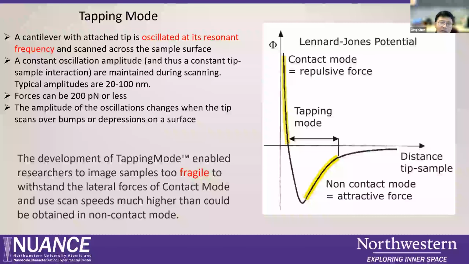Tapping mode is basically between touching and keeping a distance, changing like this. That is where the tapping mode sits. Tapping mode is very good for fragile samples. It can also get good resolution, and it is compatible with soft material. Okay, we can go next.